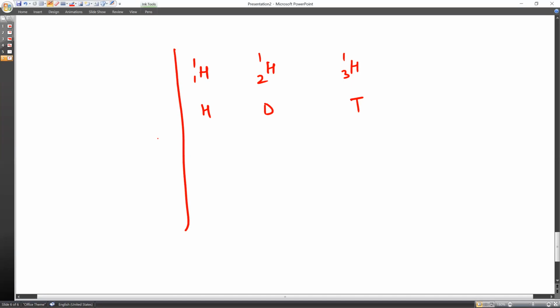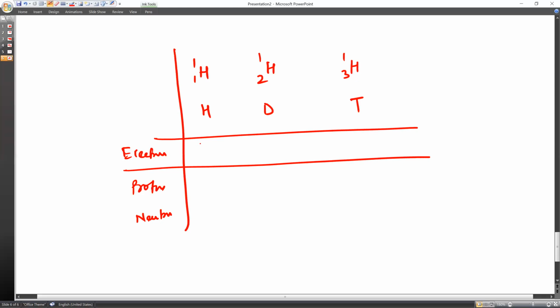Now it is electron, proton, and neutron. Tell me how many electrons are present in this one? This I have written wrong. This one should be 2, this one should be 3, this one 1, this one 2. Tell me fast, how many electrons are present?